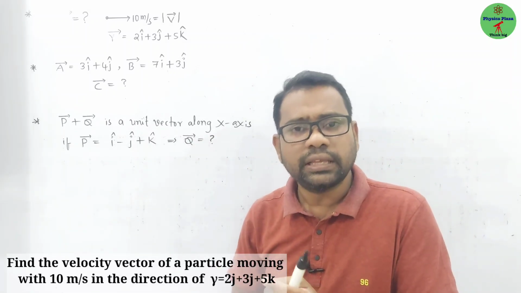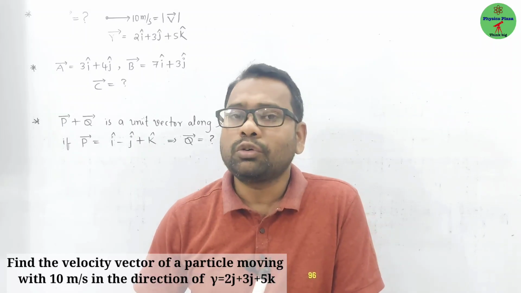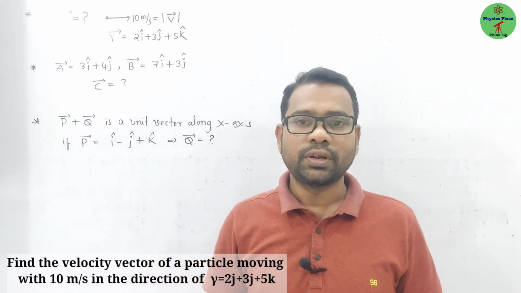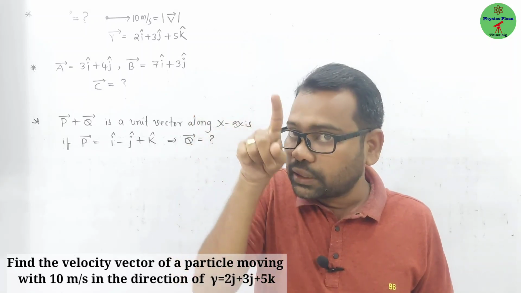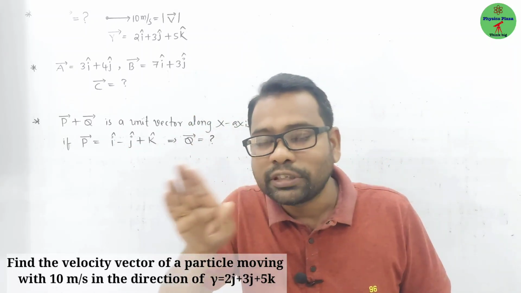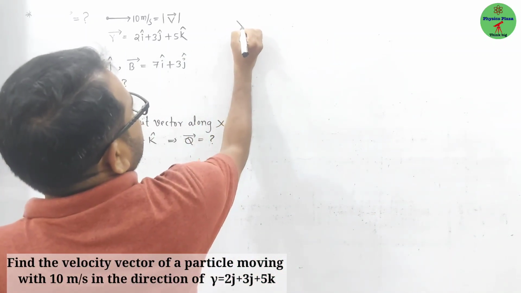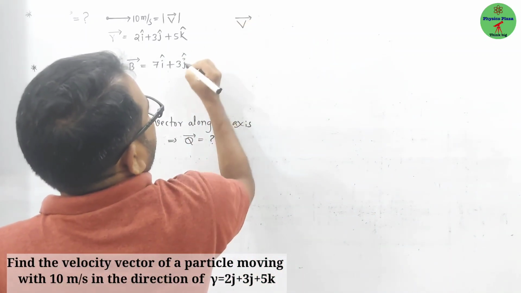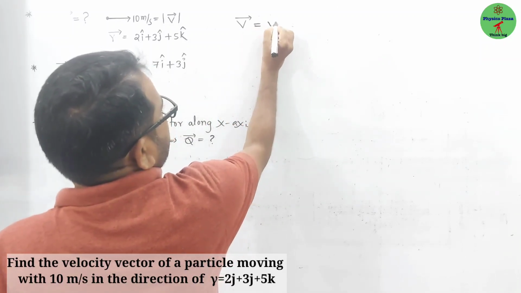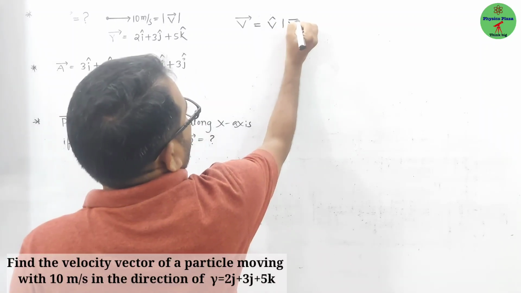When they say it is in the direction of displacement, first we need to know the direction. That is actually the unit vector. The unit vector of that particular particle must be in the direction of the unit vector of the displacement. So they are asking us to calculate the vector. Any vector, children, can be written as its unit vector multiplied by its own magnitude.